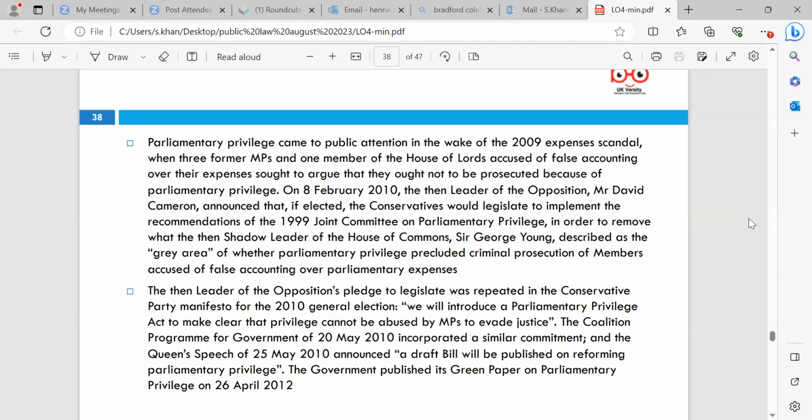On 8th of April 2010, the then leader of the opposition, David Cameron, announced that if elected, the Conservatives would legislate to implement the recommendations of the 1999 Joint Committee on Parliamentary Privilege in order to remove what then shadow leader of the House of Commons, Sir George Young, described as a grey area of whether parliamentary privilege precluded criminal prosecution of members accused of false accounting over parliamentary expenses.